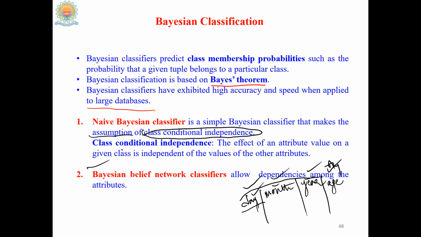But the second one, the Bayesian belief network classifier, allows dependencies among the attributes. That means they are not assuming like that. The Bayesian belief network believes that a dependency exists among the attributes, quite opposite to the naive Bayes classifier. So we need to go for both naive Bayes and Bayesian belief networks.